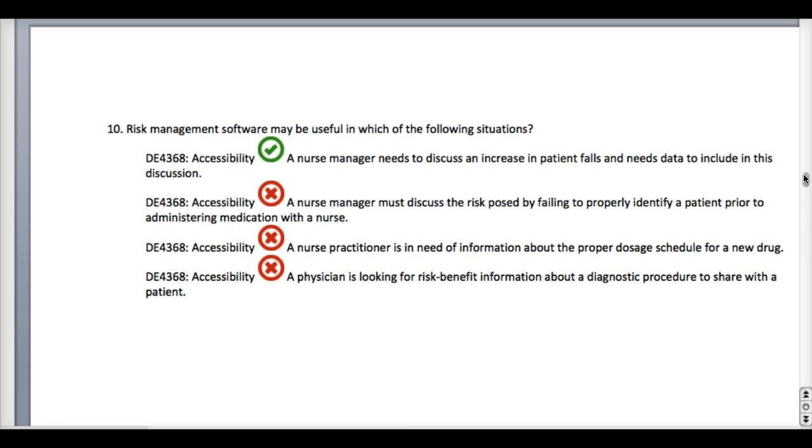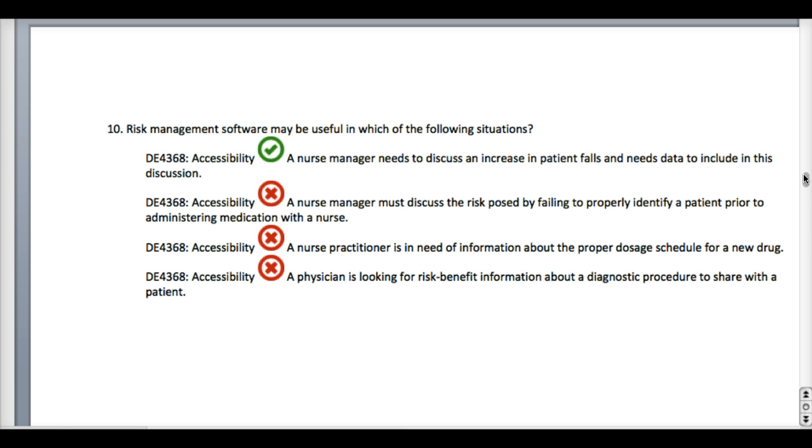A nurse manager must discuss the risk posed by failing to properly identify a patient prior to administering medication with a nurse. Well, that's quite a handful, and this is certainly important to do, but your risk management software is not going to be used by a manager to discuss treatment with one particular nurse.